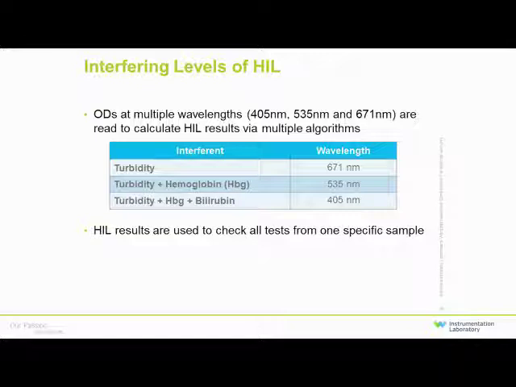So the algorithms, if you have those three levels, can tease out each of the three different interferences. And again, they are locked in for that particular sample, and any test that you run off of that sample will use them.